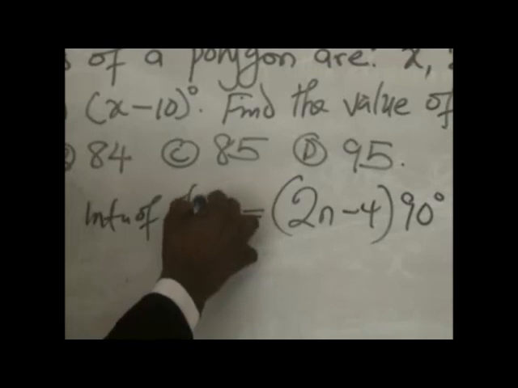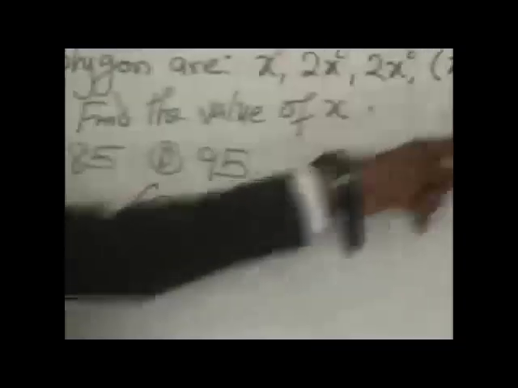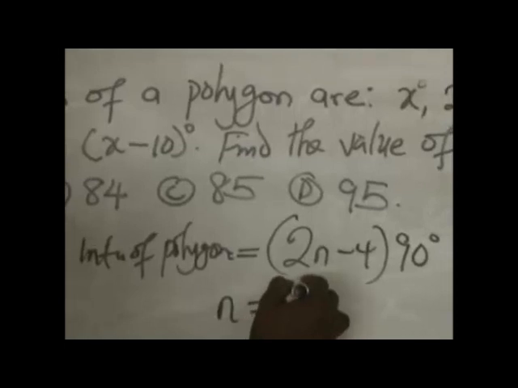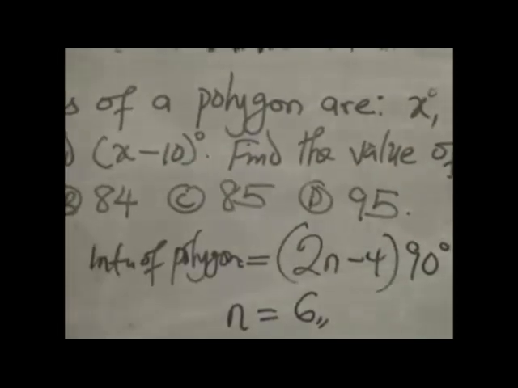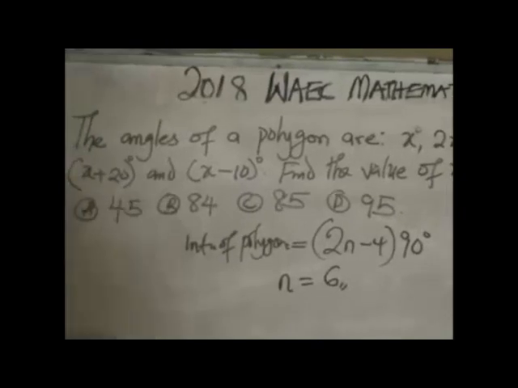Okay? Polygon. Now, watch out. This is 1, 2, 3, 4, 5, 6. So the name of this polygon is hexagon, because it has 6 sides. Now, we are going to find the value of x.